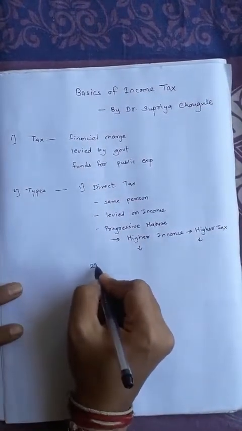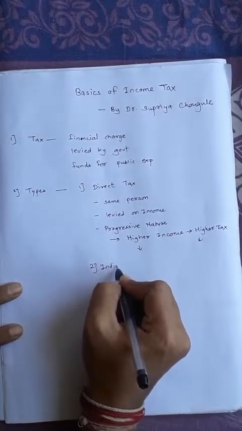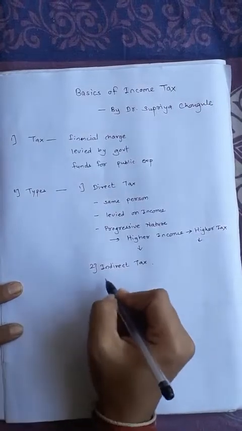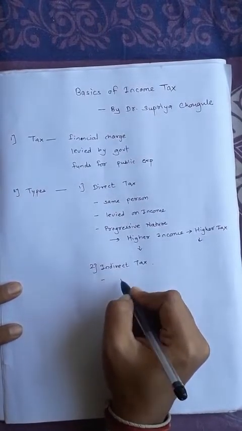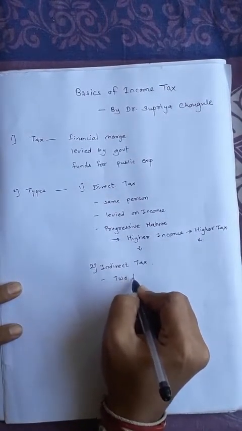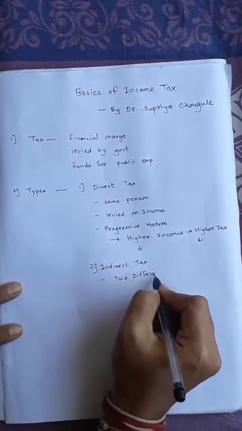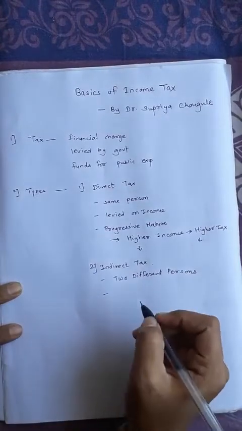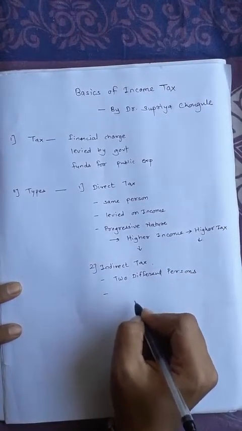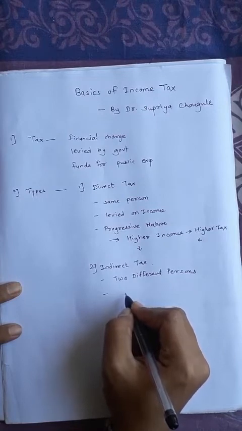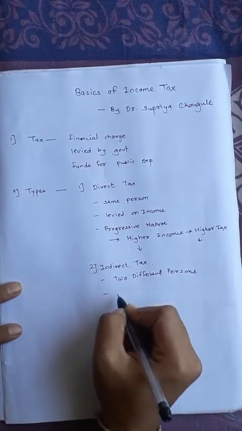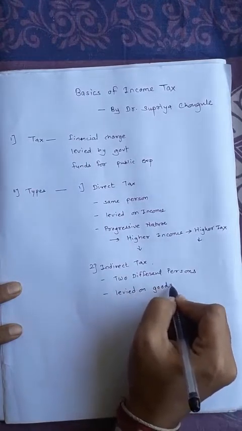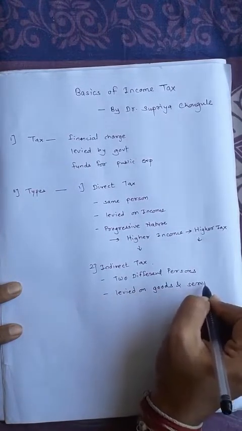Now we'll discuss the second type of tax, that is indirect tax. Indirect tax falls on, or has impact on, two different persons. And this tax is recovered from the assessee who passes such burden to another person. It is levied on goods and services.